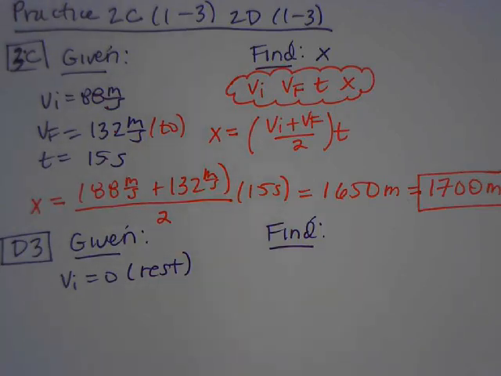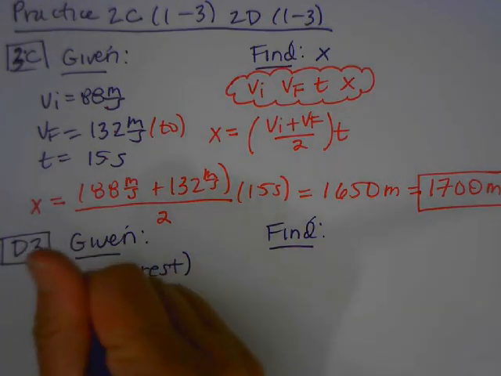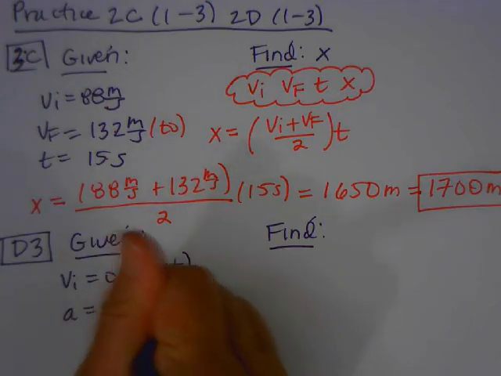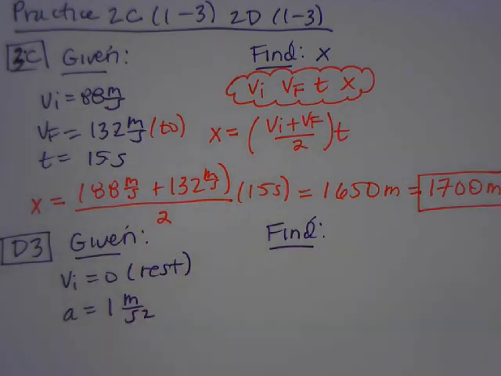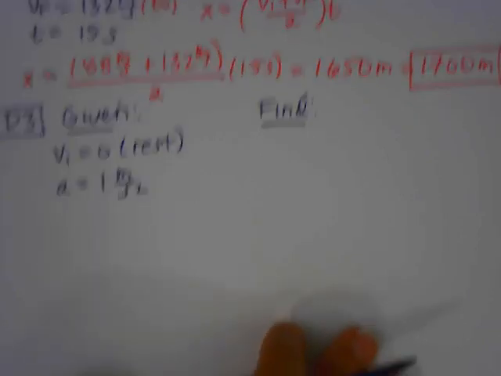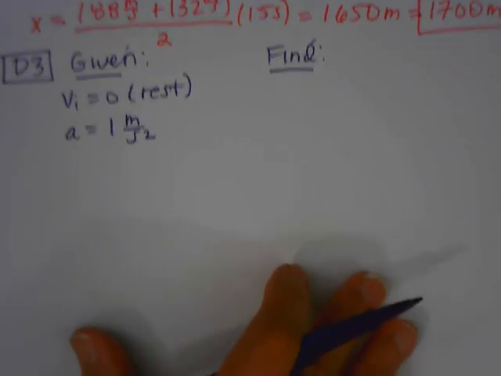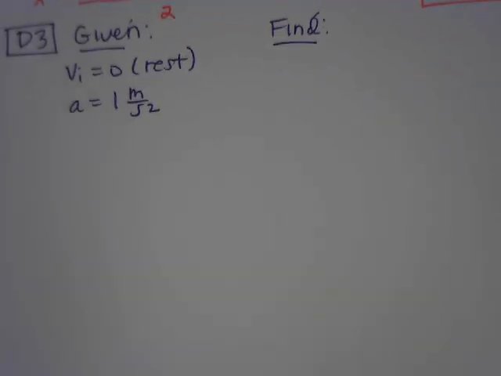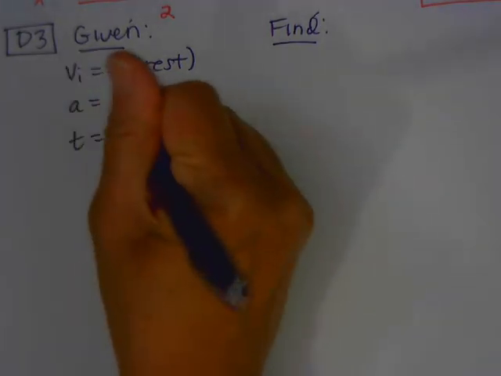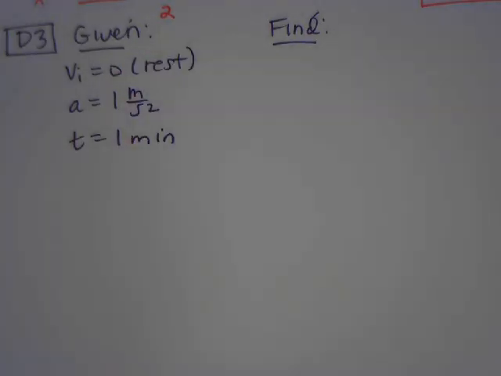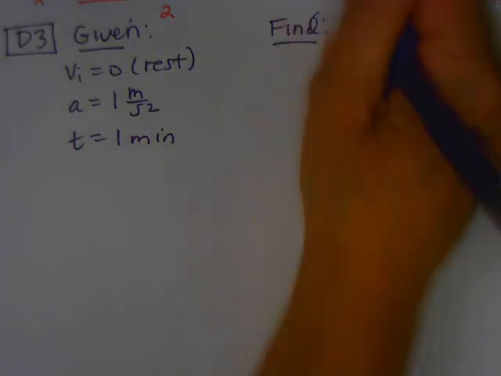Is meters per second squared velocity? No, that's acceleration. You need to know that the unit meters per second squared is acceleration. For 1 minute, so the time is equal to 1 minute. The question says, how far does it travel? So I want to find x.